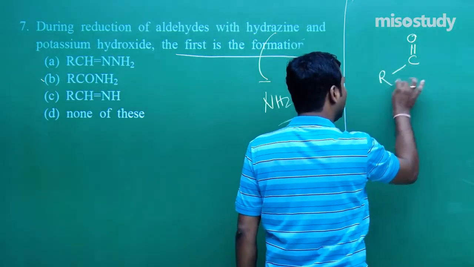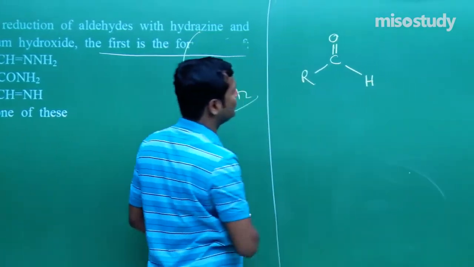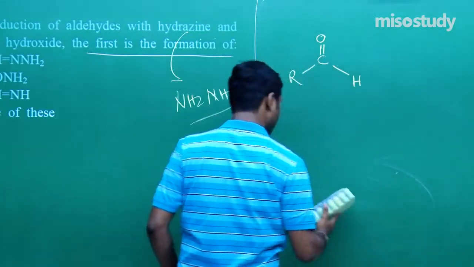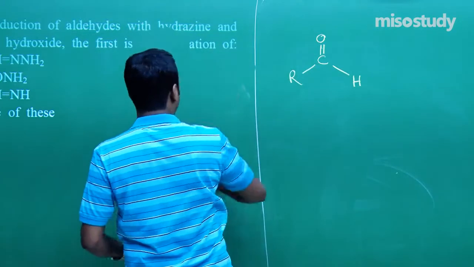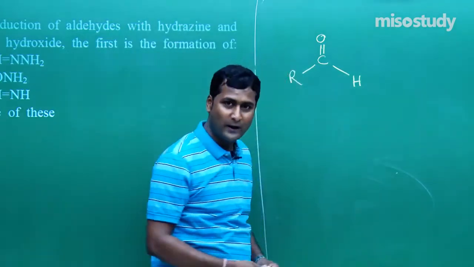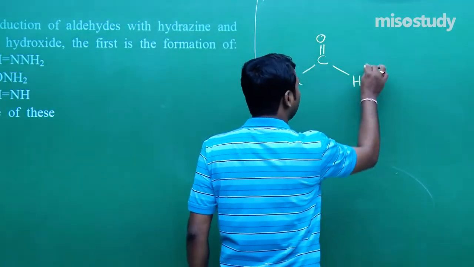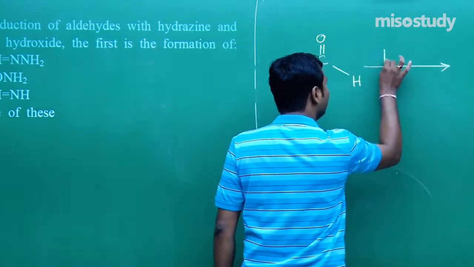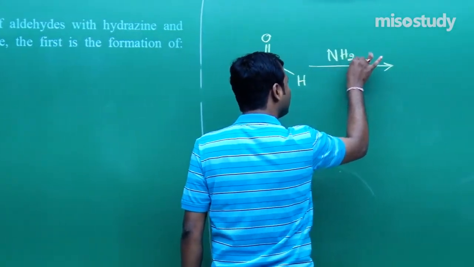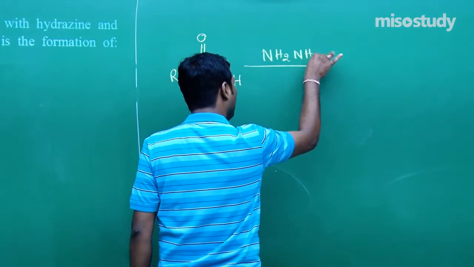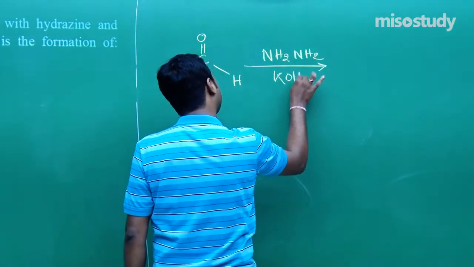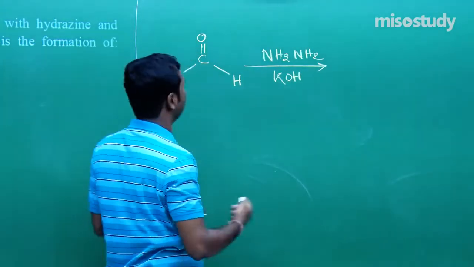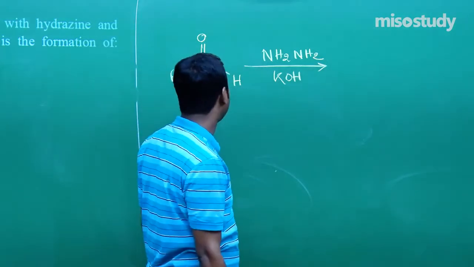This one is R and this one is H. Now, on treatment with hydrazine, NH2-NH2, in presence of KOH, what will happen?